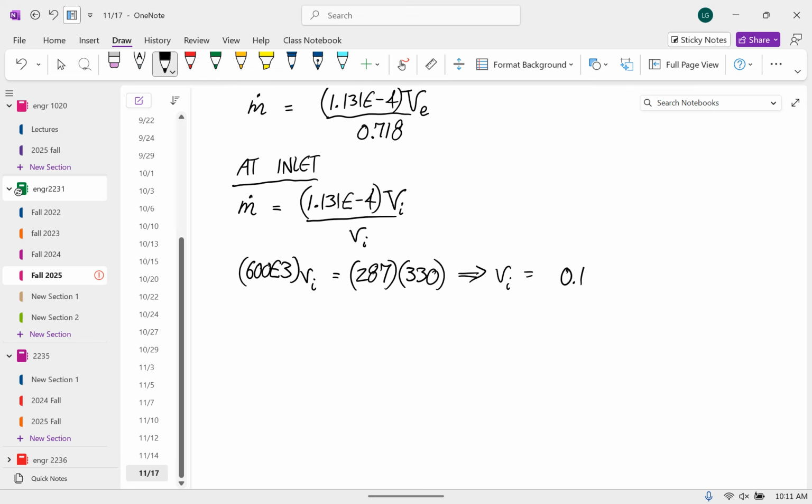So 0.158. So m dot is equal to 1.131 times 10 to the minus 4 speed at the inlet divided by 0.158.